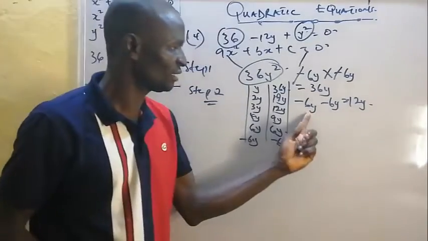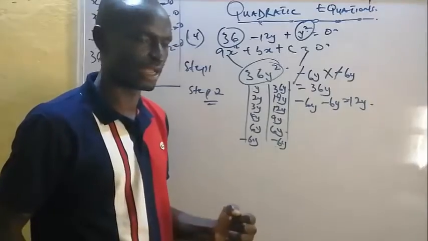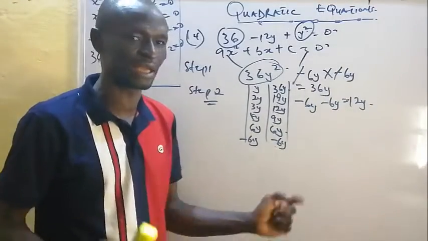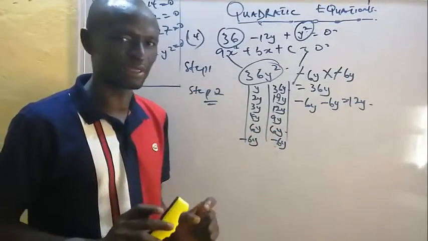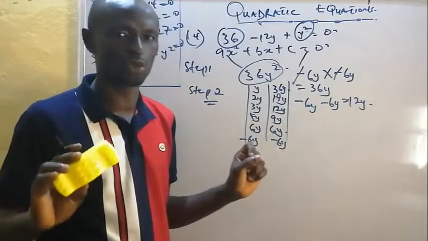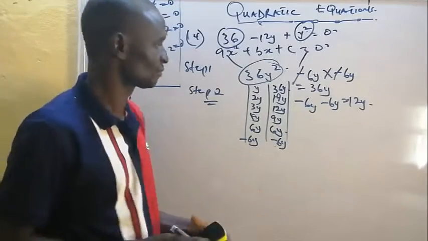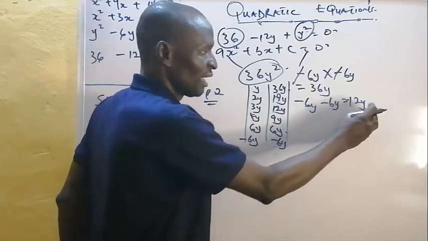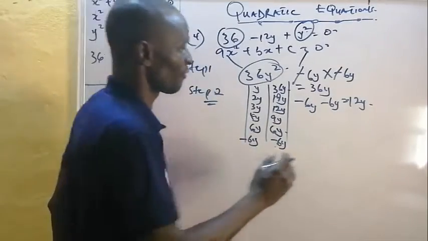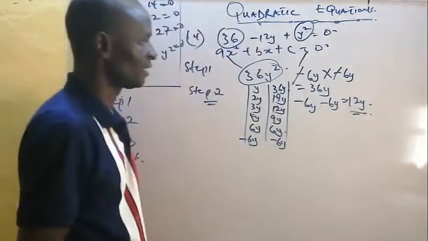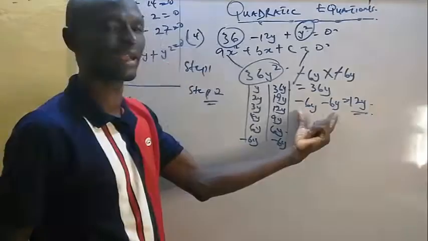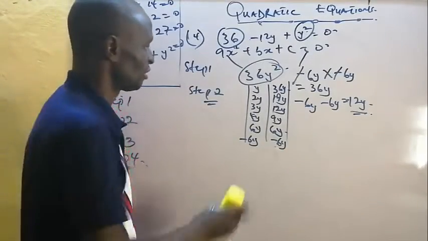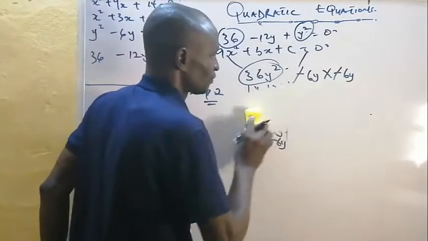If I am owing $6, and I am owing $6 at two different points, that means my cumulative debt is what? $12. So minus 6y minus 6y is equal to minus 12y. Then minus 6y minus 6y can now conveniently replace minus 12y in our equation. Permit me to wipe this off.